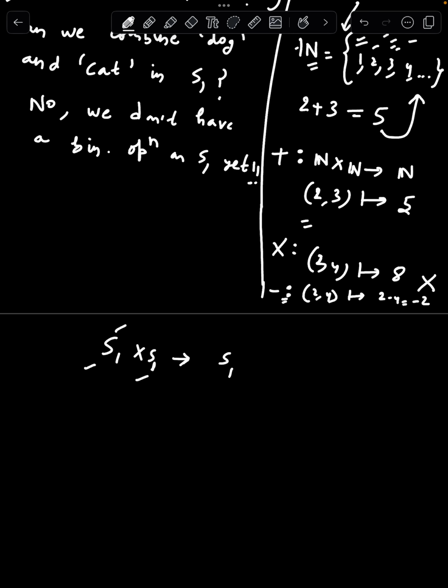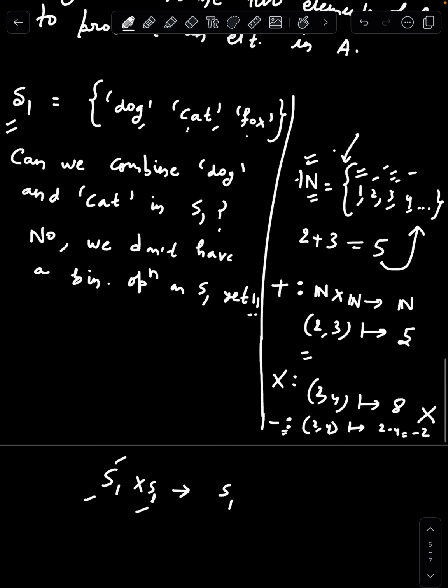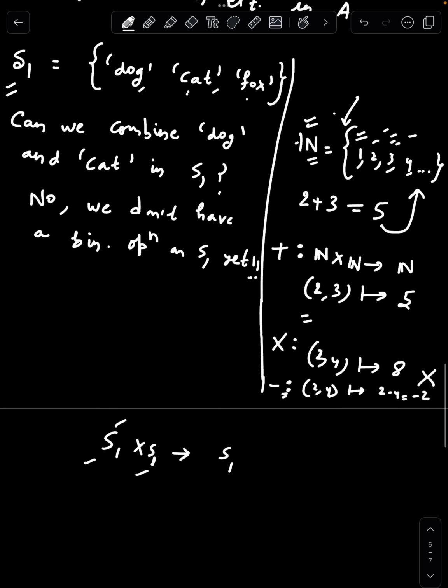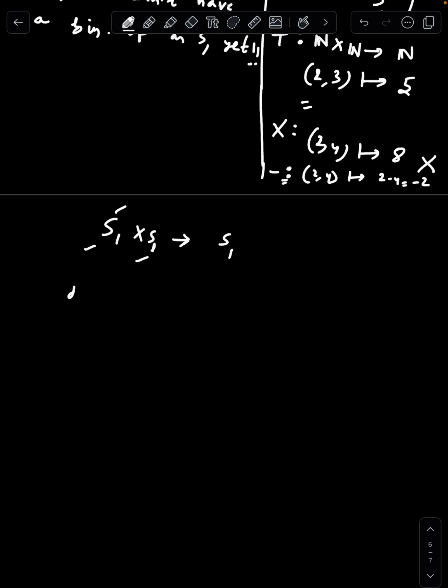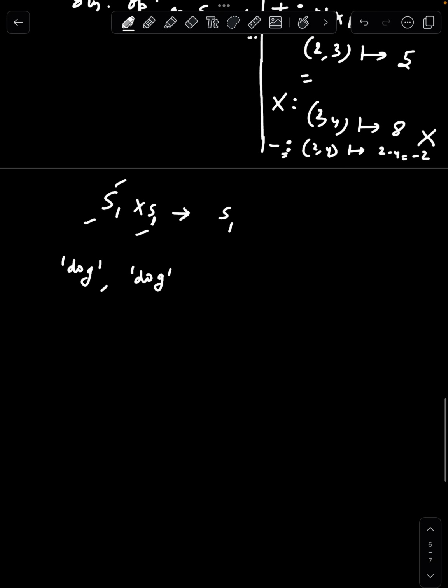So there are 9 elements. So let's list out all those elements and try to define a function. But for simplicity, let's just take only two elements here.